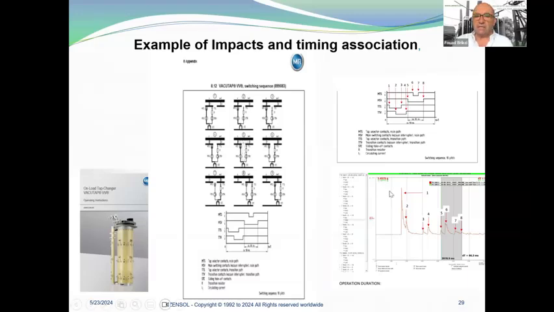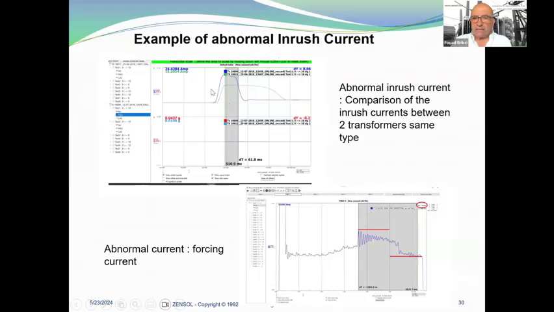So this way, this part is really easy to do thanks to the three signals that you will see in the next slides. The abnormal inrush current is really easy to detect.